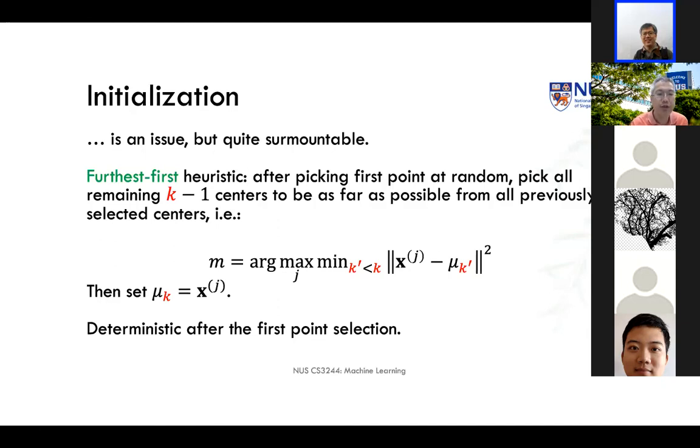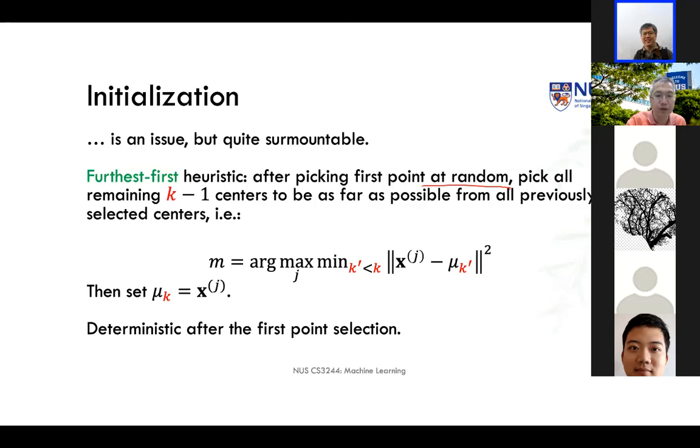And so one way we can do this is to make sure that we try to spread out the clusters initially. So what we can do is, again, take a greedy algorithm, where we first pick the first point at random, but then all of the other subsequent points we are going to pick by looking at all of the possible points and choosing the point that's farthest away from any of the remaining centers.